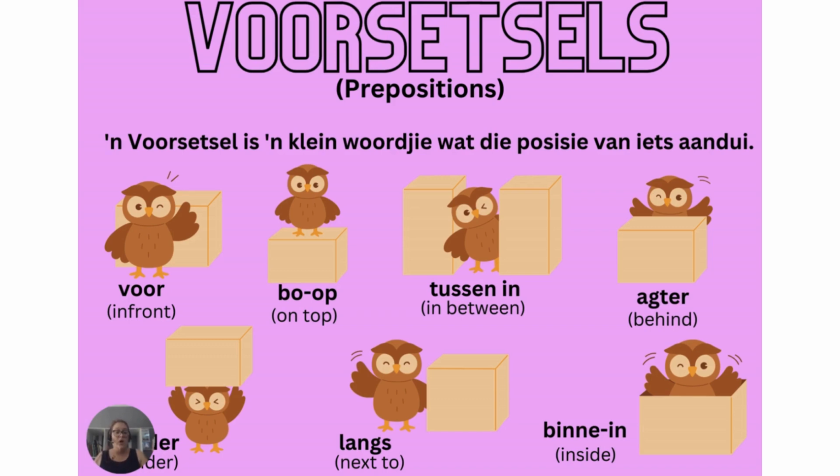Dan het ons 'n uil wat tussen bokse is. Hulle is tussenin, in between. Die ander uil is agter die boks, agter, behind the box. Dan het ons die uil wat onder die boks is, under the box. En dan langs die boks, next to the box. En dan is hy sommer binne in die boks, inside the box. So voorsetsels is always your prepositions.